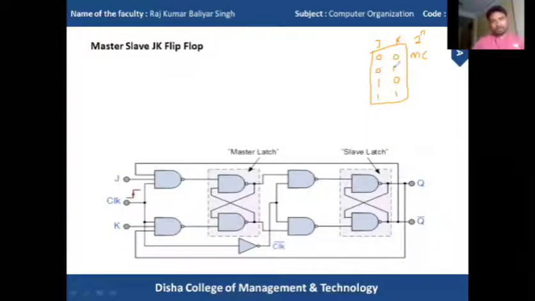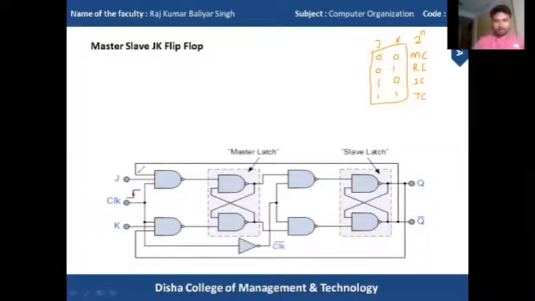When you supply 0 1, that is called reset condition. When J equals 1 and K equals 0, that is called set condition. And lastly, J equals 1, K equals 1 is called toggle condition. So we have four different conditions in the JK flip flop.